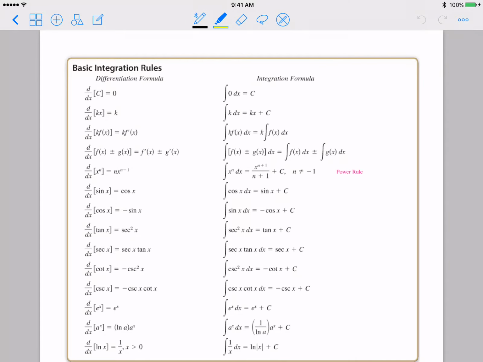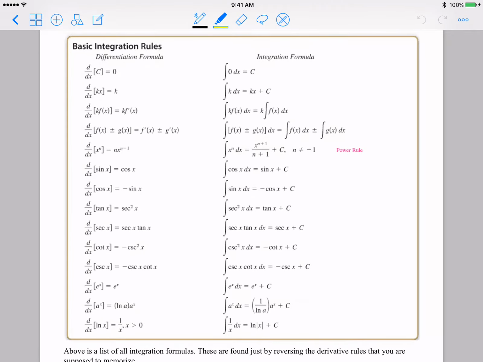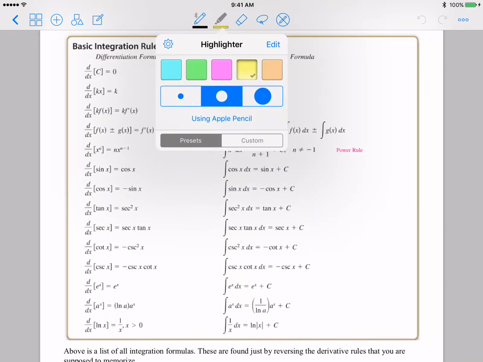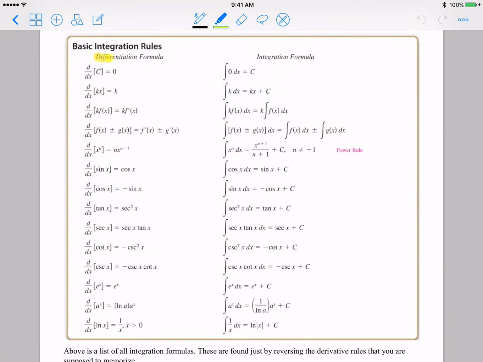Here are the basic derivative and integration rules that you should have memorized. The differentiation formulas are all here on the left, and the integration formulas are here on the right. The idea is an integral is just going backwards from the derivative. For instance, look at this one.